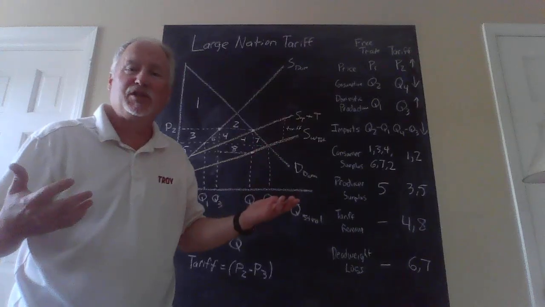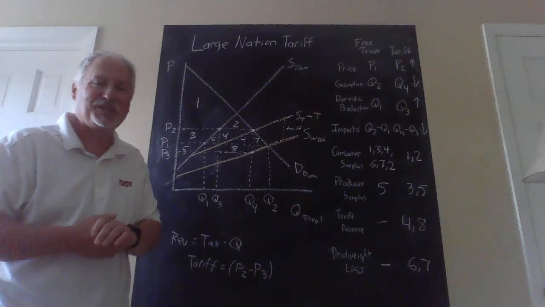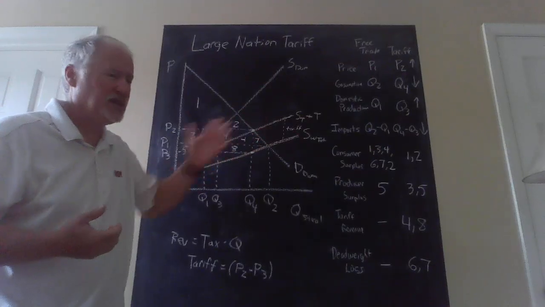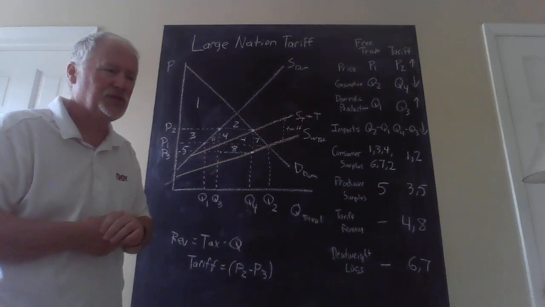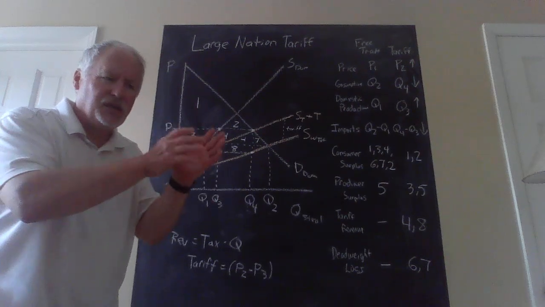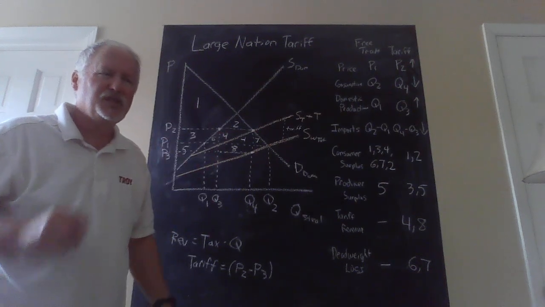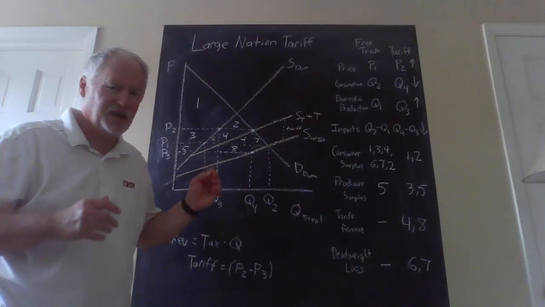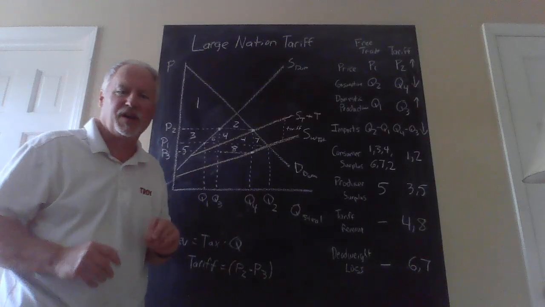So that's the large nation case. It's more complicated because you have this more positively sloped world curve here, and so in some sense, the small nation one is the easier one to study to understand the full impacts, but we do have this interesting element of the optimal tariff.